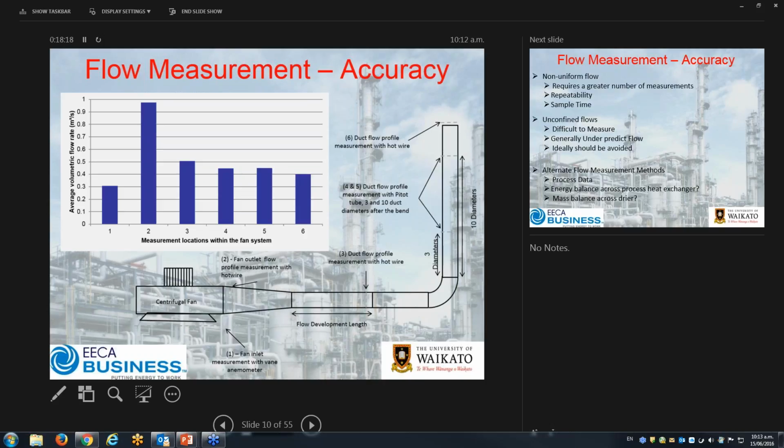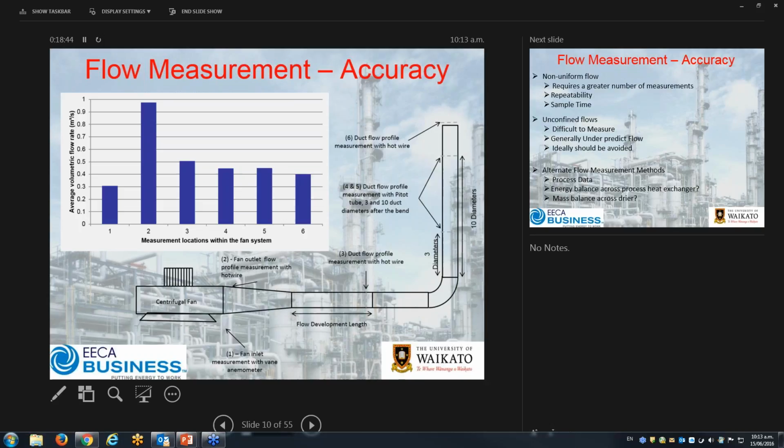The flow hasn't settled down, and so we end up contaminating our true, genuine axial velocity, which of course is our flow rate, with in-plane velocity vector components, which mean that we will typically overestimate our velocity, and depending on the nature of the system and the nature of the fan profile, that can be significant or not as significant.